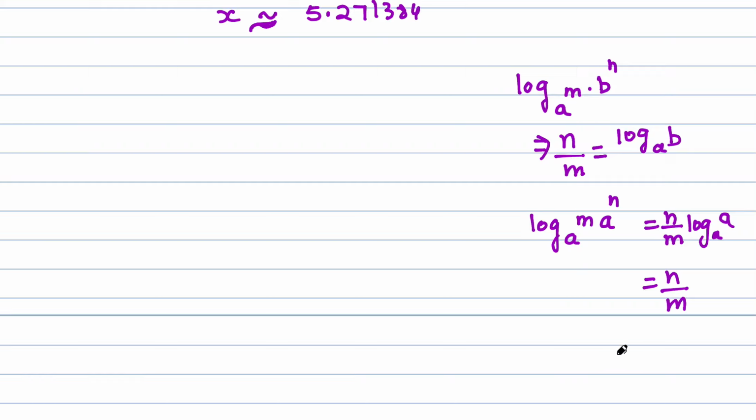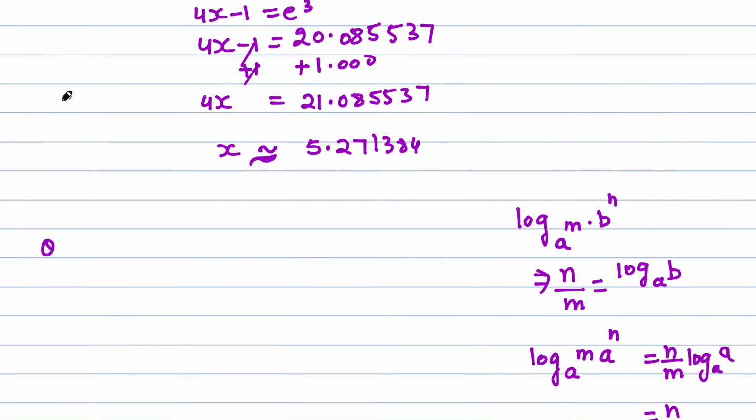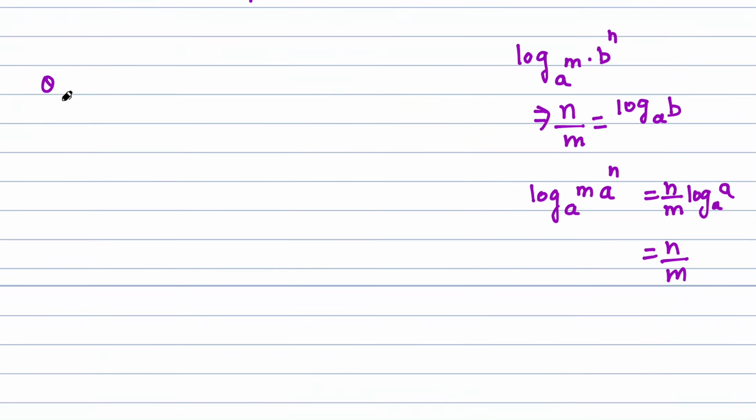This is really helpful. You will say, okay, why can't I just use the base rule? Let's solve a question. This is question number 23. My question is log of 64 to the base 4. Okay, let's apply the base rule: log of 64 by log of 4.